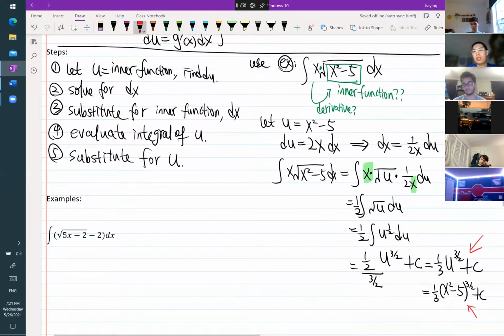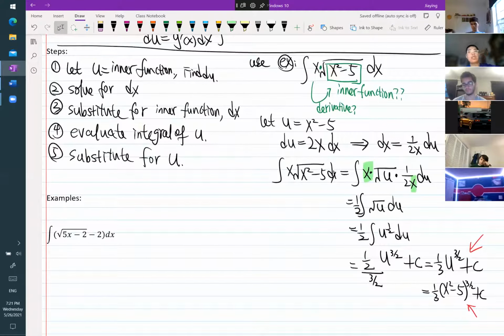But any questions about this process, about substitution? You basically have to take whatever you have and write it so that you end up with the integral of u and the du. And then you integrate that, but at the end, you have to go back to substitute to get a function of x.